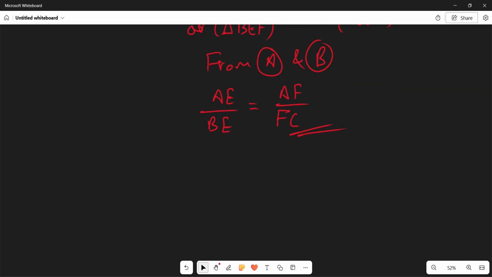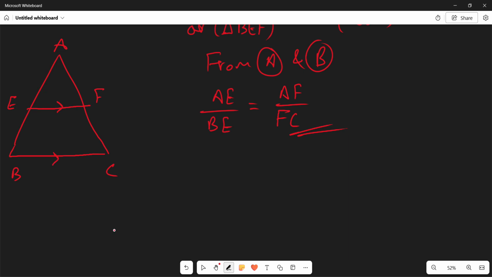But now I'll slightly extend it, because you have seen that we had a big triangle ABC and EF. I can also get the ratio that AE upon AB equals AF upon AC.